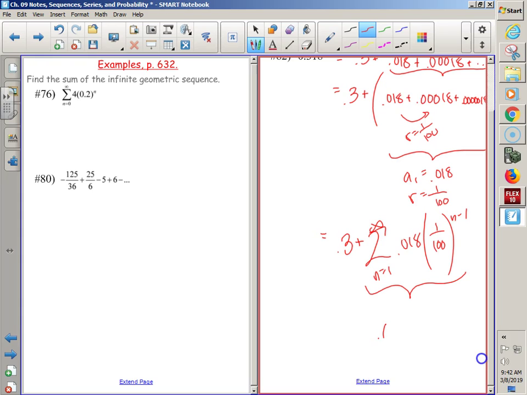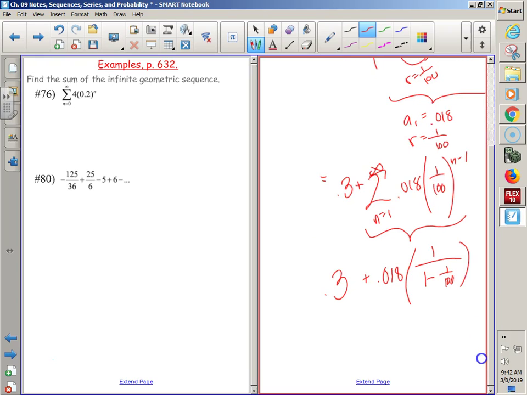Because, guys, isn't this one of those converging ones where it's going to get closer and closer to a number? So I'd have a sub 1 all over 1 minus 1 over 100, plus 0.3. I think it's possible. I don't think it's super gorgeous, but this would be 99 over 100, which 1 over 99 over 100 would be 100 over 99.